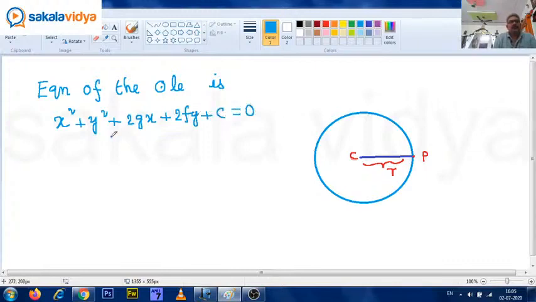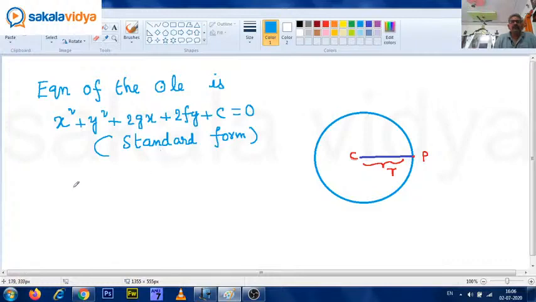This is called standard form. So standard form means x square coefficient is unity and y square coefficient is unity.